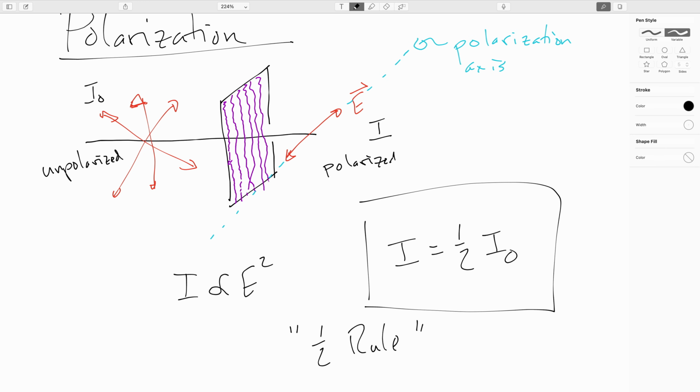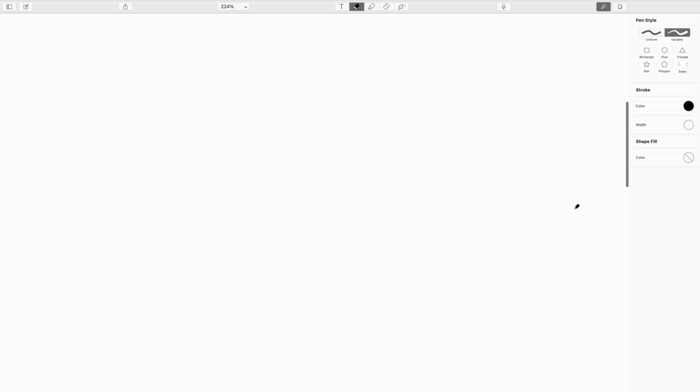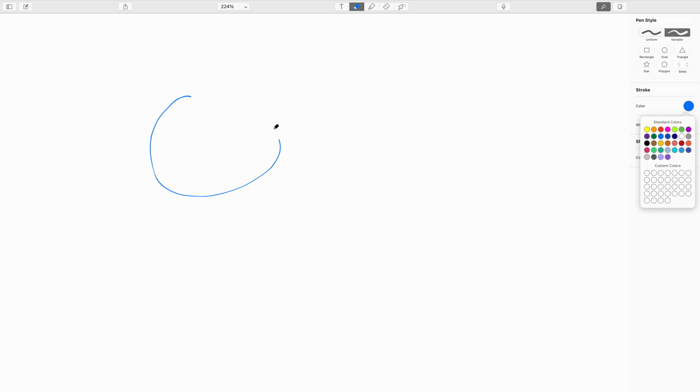Now, what if the light is already polarized? So if the light is already polarized, let's look through a polarizer, and we'll say that this is our polarization axis.